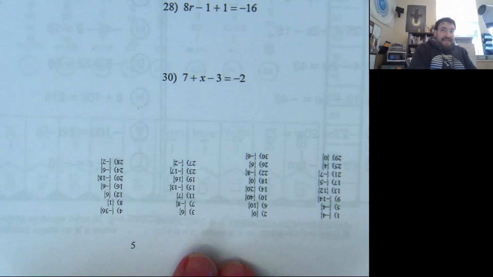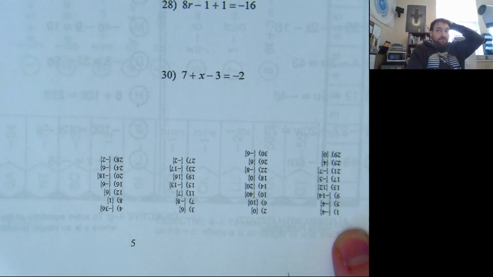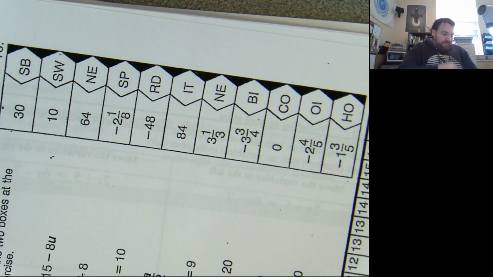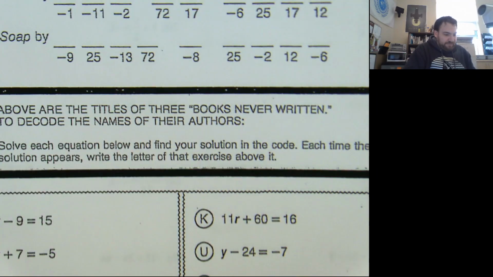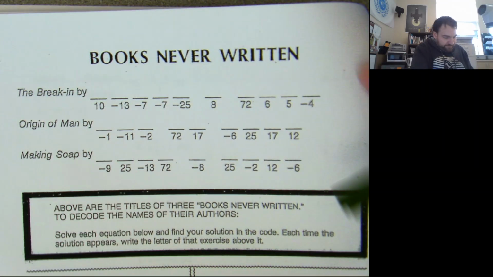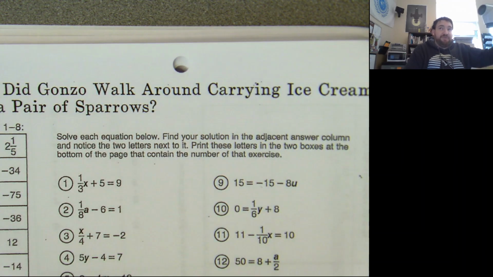There are answers to those questions down here on the back of the next page. After you have done those questions, I have 2 of these for you. One of them is the books that were never written, and the other one is why did Gonzo walk around carrying ice cream and a pair of sparrows?